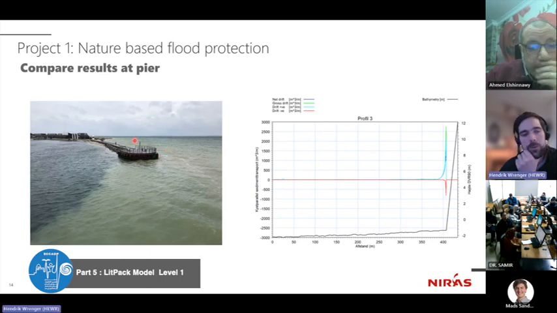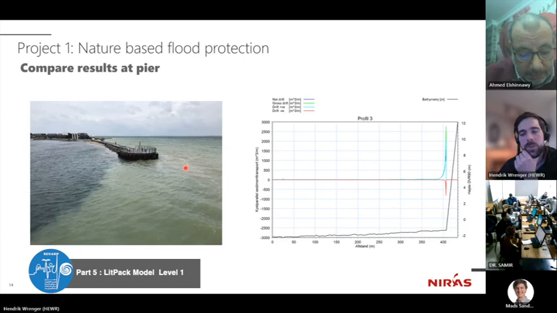There will be some information available from the port authorities or the locals about what direction this plume is usually going. So if your model shows that the plume is also going in the north direction in this case, then you're on the right track with your model. If that's not the case, then something is wrong somewhere in the setup. So it's always good to try to make these comparisons.